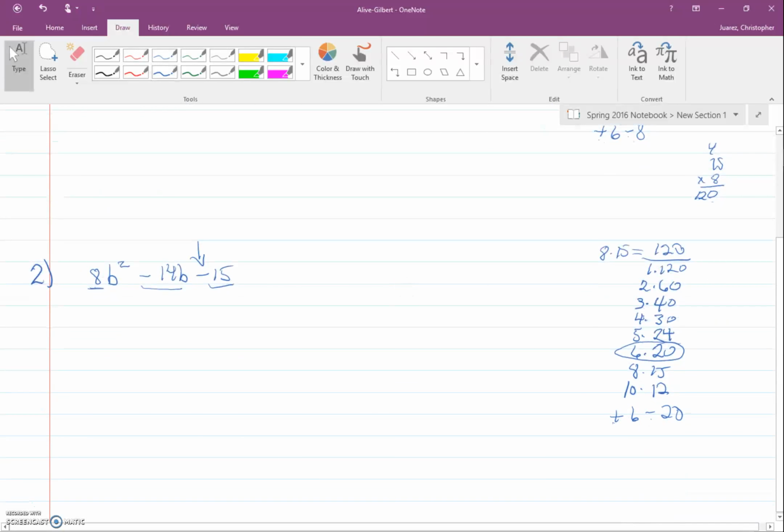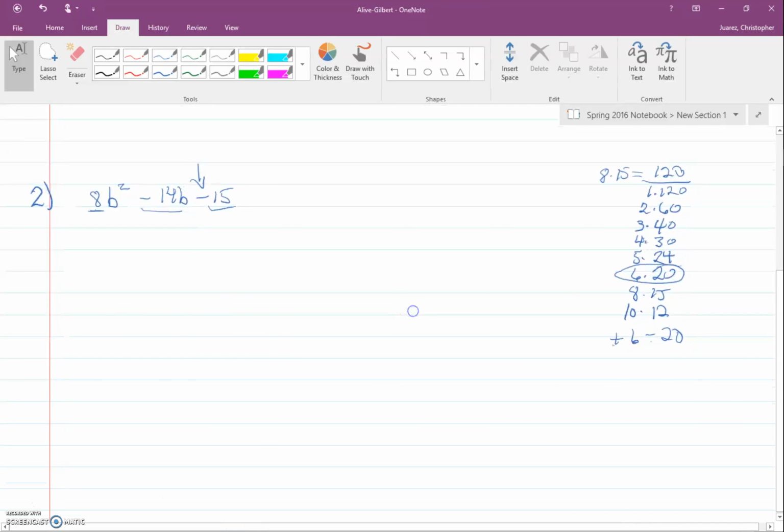Number 2, however, I have to still plus 6b minus 20b, stretch my middle term. Now some of you might say, why did I put the 6b with the 8 and the 20b? Why didn't I switch them and make it 8b squared minus 20b plus 6b minus 15?